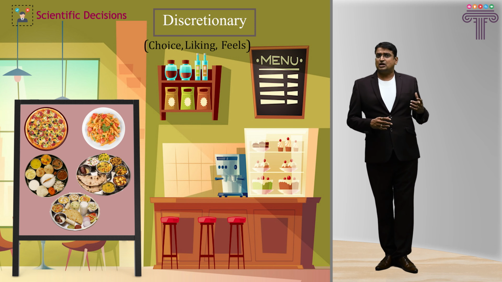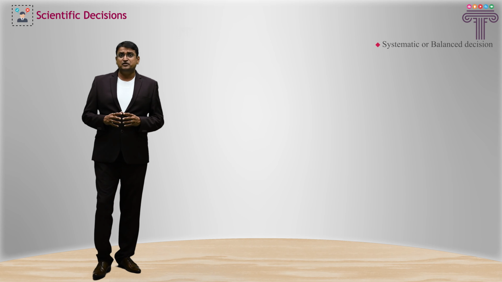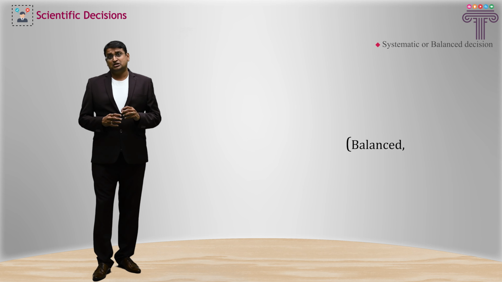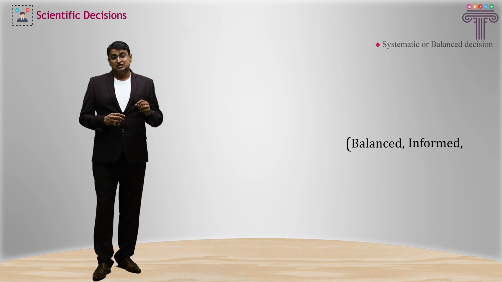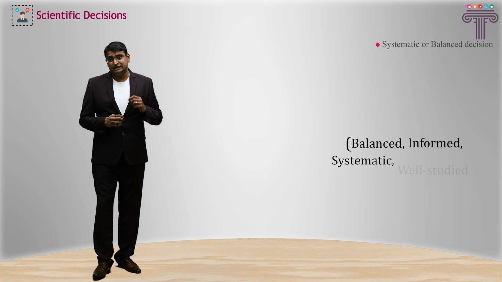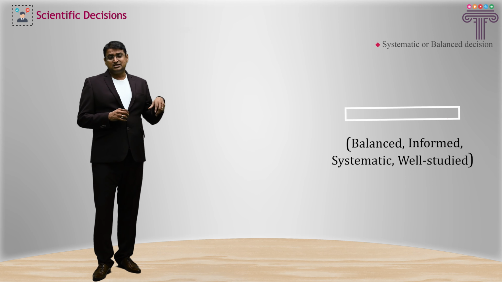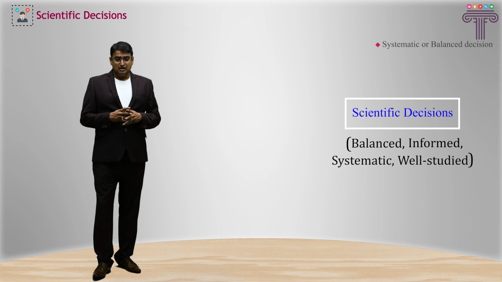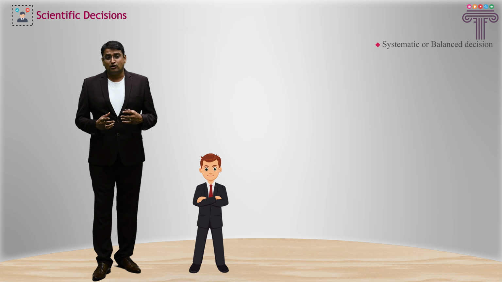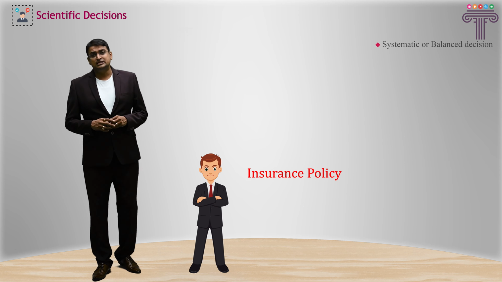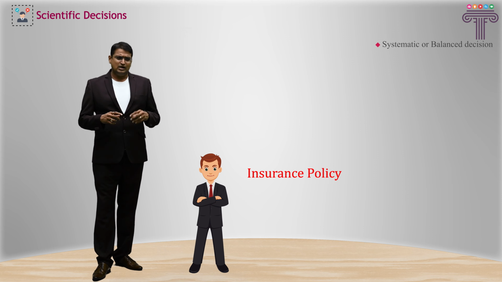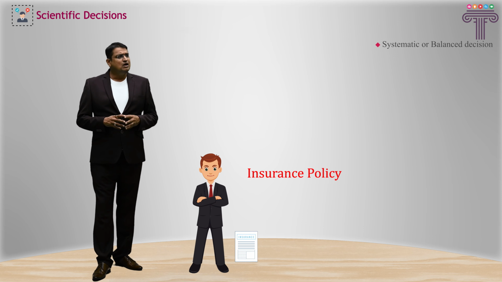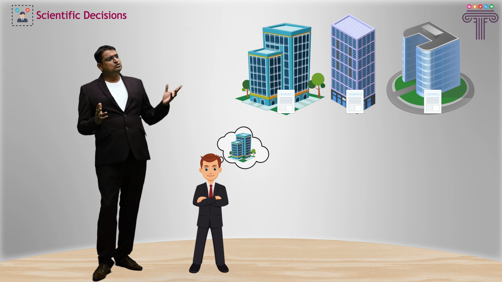On the contrary, there are a lot of decisions you take in your life which are well balanced, well informed, systematic, well studied. Well, these decisions are basically scientific decisions. Let's say I'll go for buying an insurance policy. What do I do? Do I directly go and buy an insurance policy? Okay, this looks good. This company looks good. Shall I buy it?